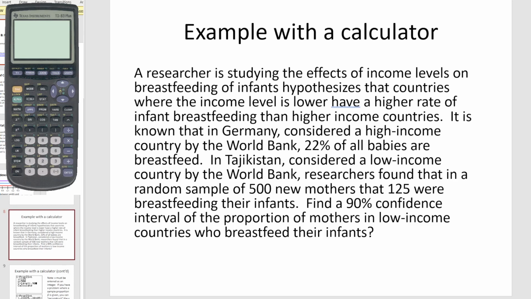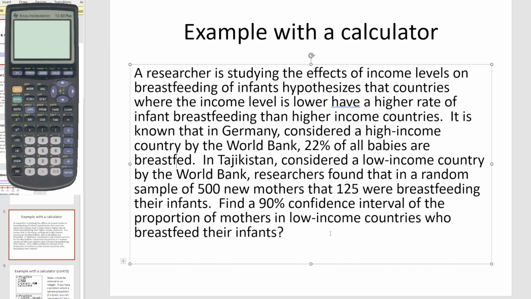Our example here is a researcher is studying the effects of income levels on breastfeeding of infants, and hypothesizes that countries where the income level is lower have a higher rate of infant breastfeeding than higher income countries. It's known that in Germany, considered a high-income country by the World Bank, 22% of all babies are breastfed.